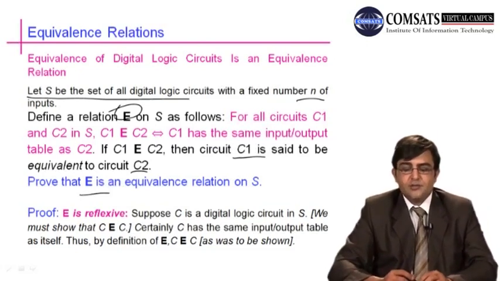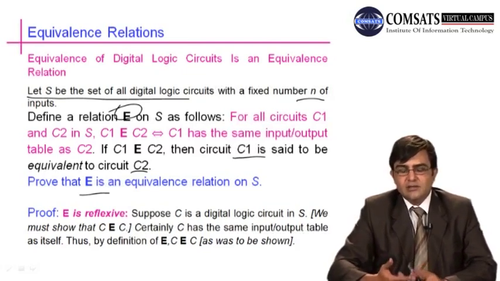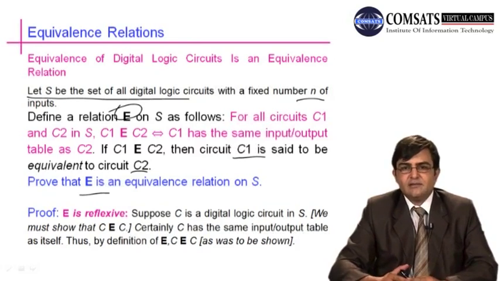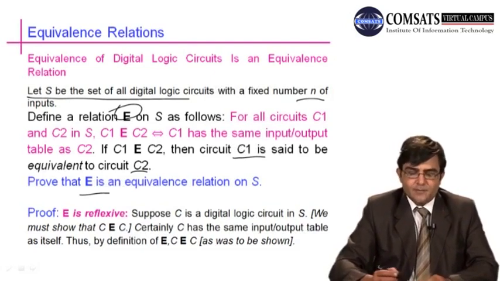Now we are going to prove that E is an equivalence relation. So we have to check three properties of this relation: whether E is reflexive, whether E is symmetric, and whether E is transitive. First, E is reflexive.